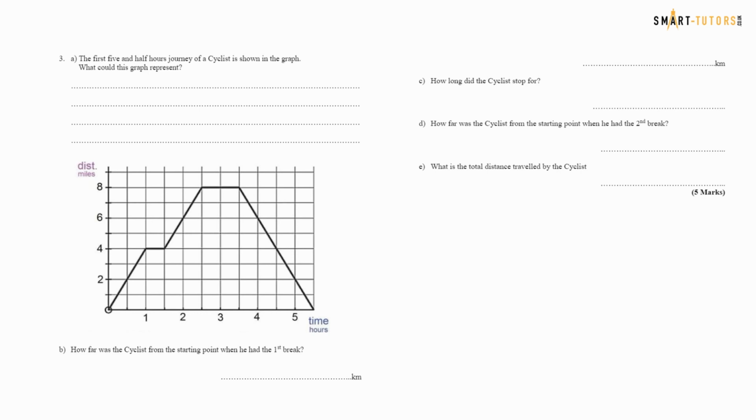So you need to understand the topic and what to do step by step. First step, between 0 and 1, what happened? Between 0 and 1, the cyclist is moving at a constant speed.